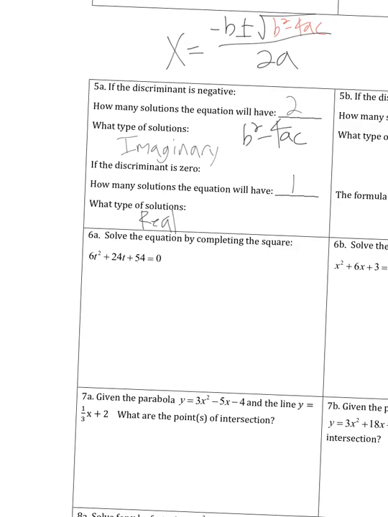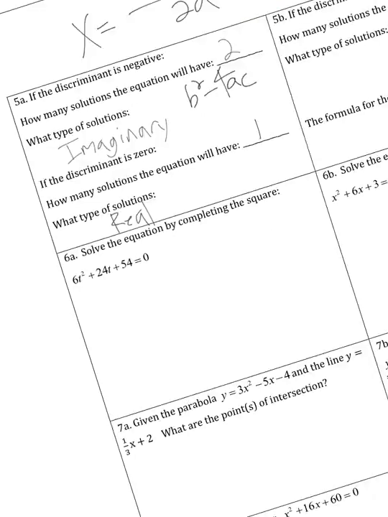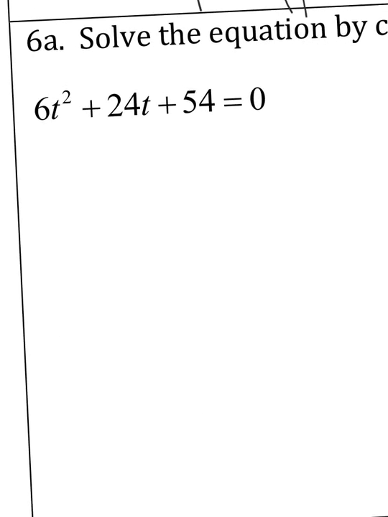So yeah. Solve the equation by completing the square. All right, so if you see a number in front, you can just divide that out. If you forget to divide it out first, you can do it the second step or something, but just divide out that front number first. Technically you're dividing everything by 6, so divide the 0 by 6, it's still 0.